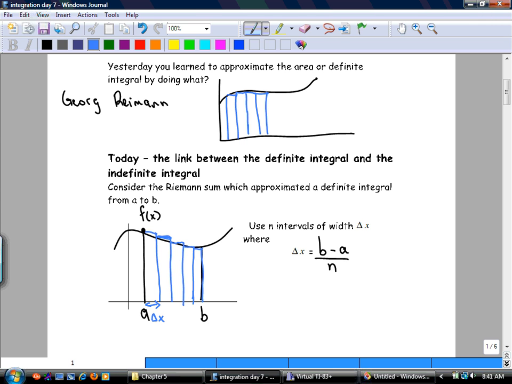So what I would ask you to do is to add up, and we would start at 1 and we would go to n number of strips, and it would have a y coordinate of f of x sub i, and that's the length of the rectangle, and the width of the rectangle would be delta x.